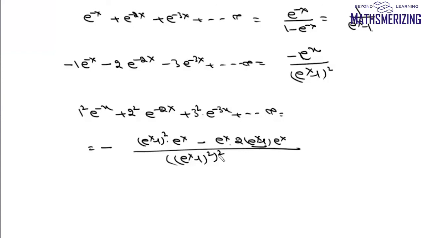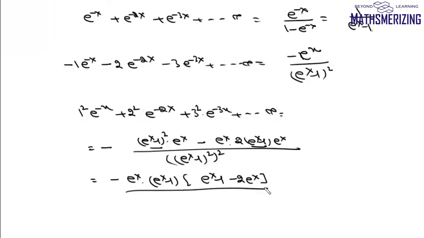Now here we'll take (e to the power x minus 1) into e to the power x common, so it'll be minus e to the power x into (e to the power x minus 1), and here we'll get (e to the power x minus 1) minus 2 e to the power x upon (e to the power x minus 1) whole to the power 4. Now we'll cancel this, so here we'll have this power 3, and here we can write this as e to the power x into (e to the power x plus 1) upon (e to the power x minus 1) whole cube.